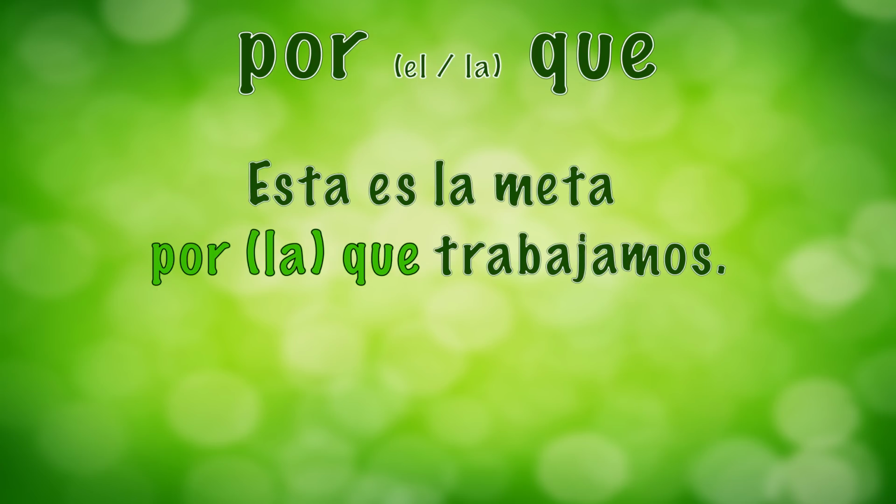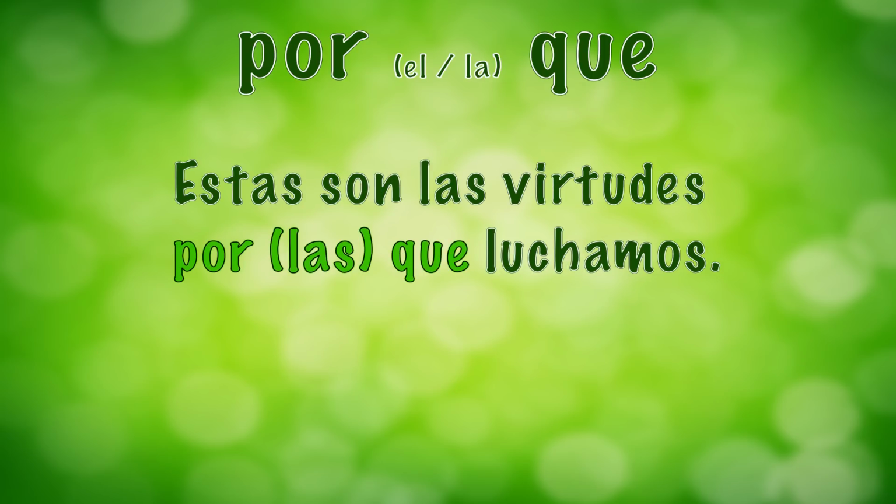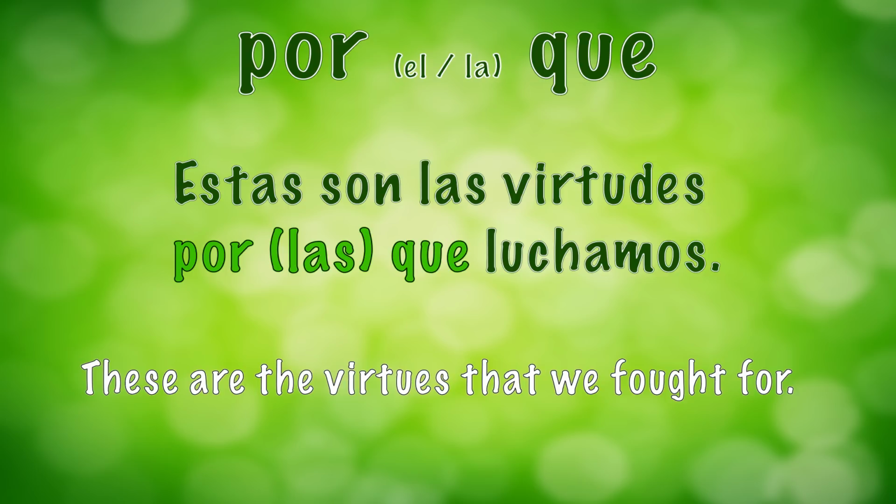Esta es la meta por la que trabajamos. This means this was the goal for which we were working. Estas son las virtudes por las que luchamos. This means something like, these are the virtues that we fought for. Or, these are the virtues for which we fought.